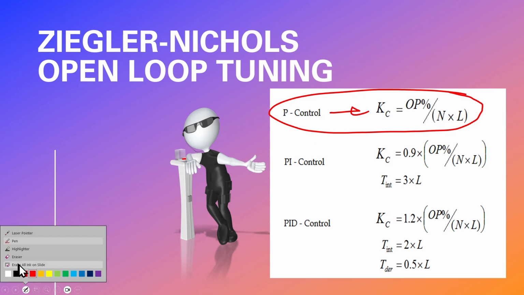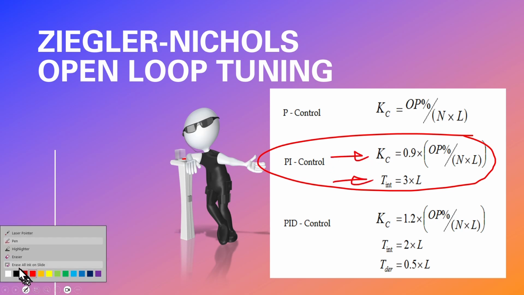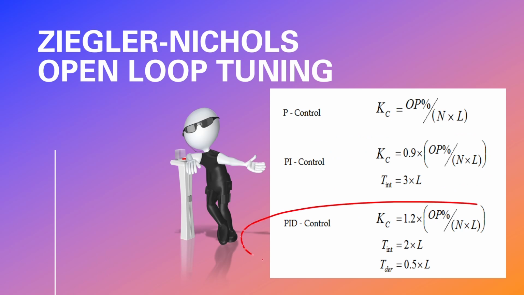If you're working with a faster process such as flow, then you want to do PI control, and in that case you need to calculate the gain and the integral value. If you're doing a full PID, such as a temperature or a pH or a conductivity, then you need to calculate the gain, the integral, and the derivative.